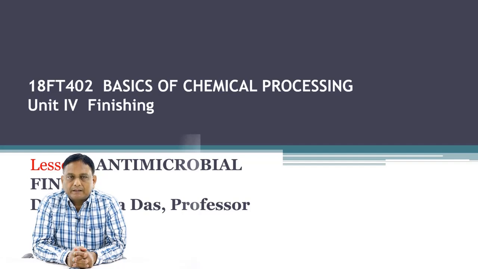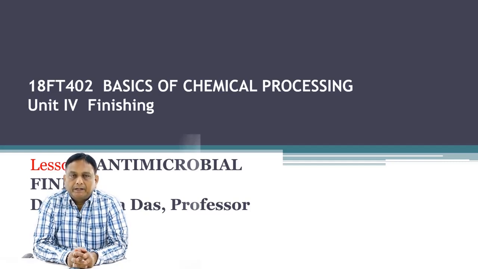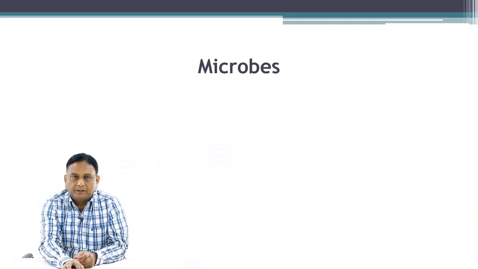Those are the things we will talk about in this lesson, and finally we will take different cases of antimicrobial application on cotton fabrics, using biomolecules extracted from nature and applied on textiles. So let us see how the antimicrobial finish can be applied and what is antimicrobial activity.